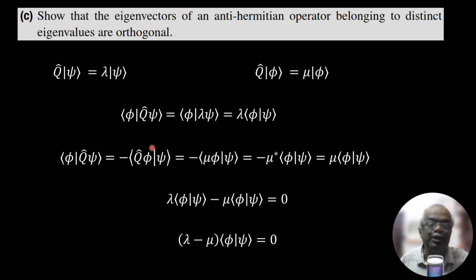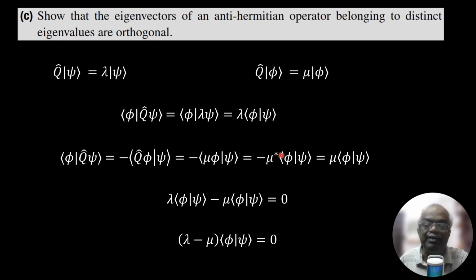If I bring Q to the bra vector side, this is Q dagger, which is equal to minus Q, because it is anti-Hermitian. Now when Q acts on phi, you get the eigenvalue mu. Of course you have a negative sign here. If you take out the mu, because mu is a number, but mu is on the bra vector side, so that is minus mu star. So minus mu star is equal to mu.